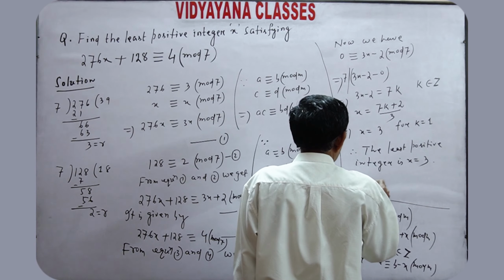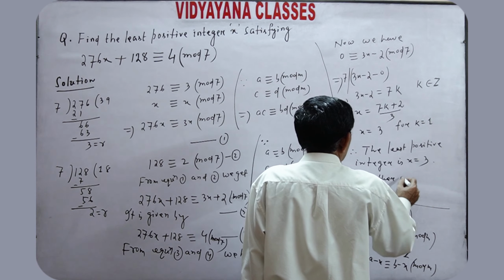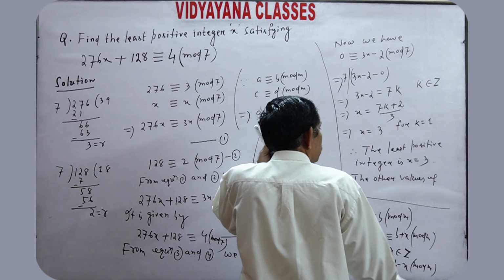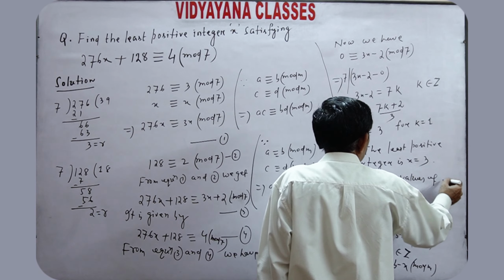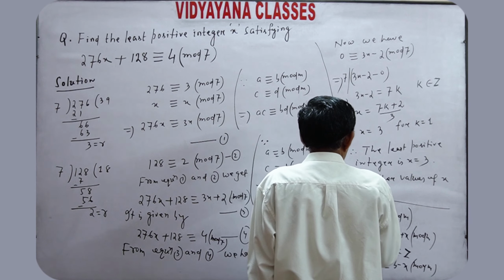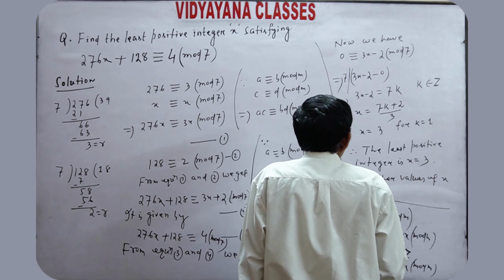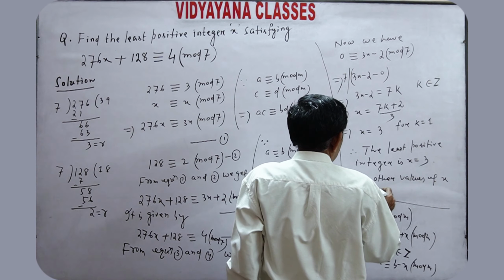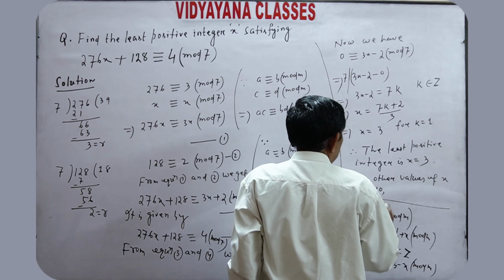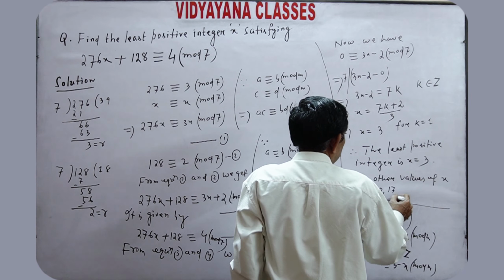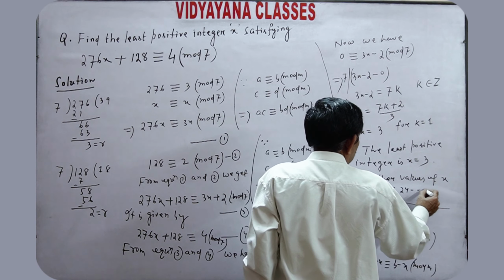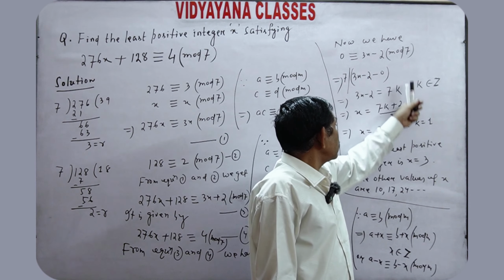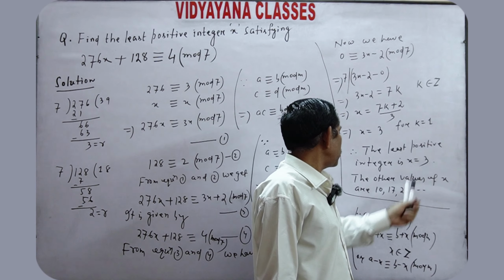The other values of x are, since the modulus is 7, the next value is 3 plus 7, that is equal to 10.